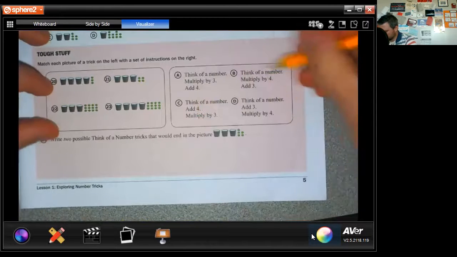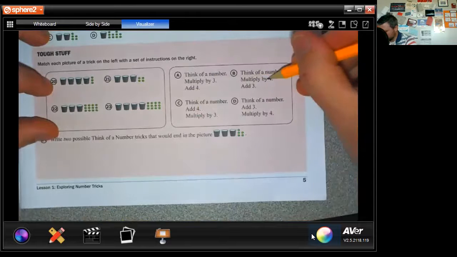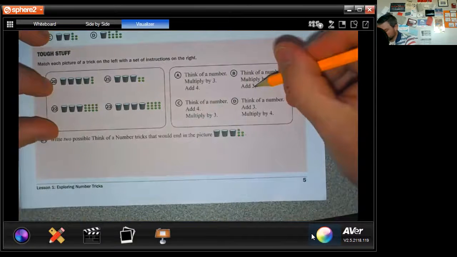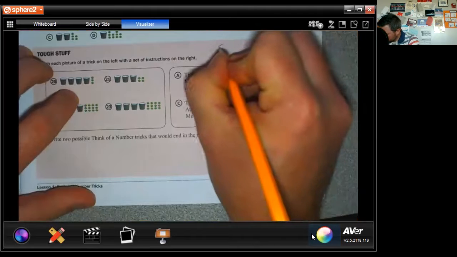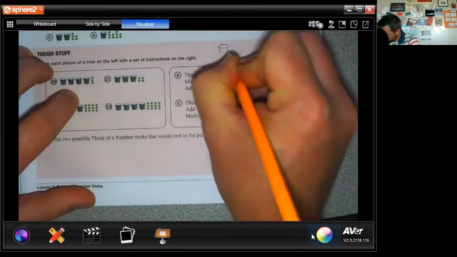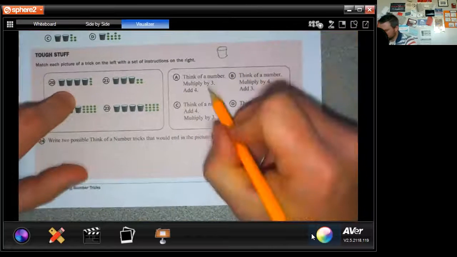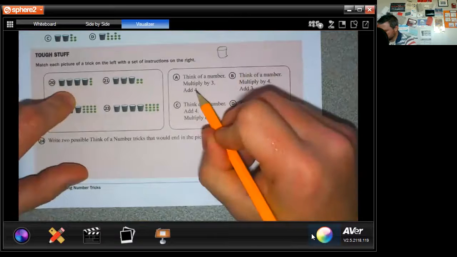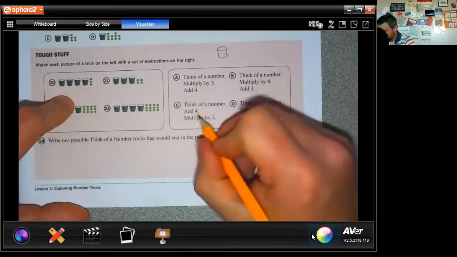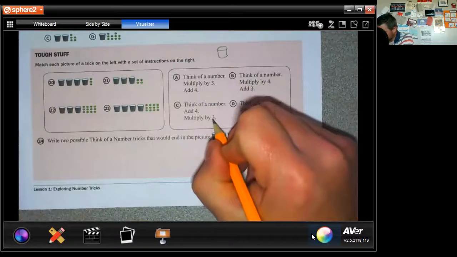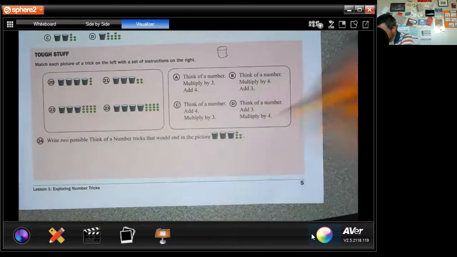Think of a number, multiply by 4, then add 3. Is that what happened to this? Remember, your original number is a bucket. Okay? Did you multiply this by 3 and then add 4? Did you multiply it by 4 and then add 3? Did you add 4 and then multiply it by 3? Or did you add 3 and then multiply by 4?